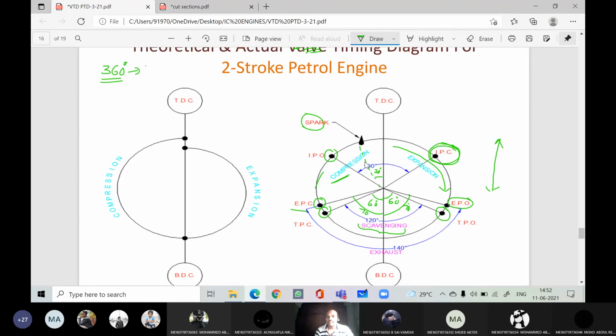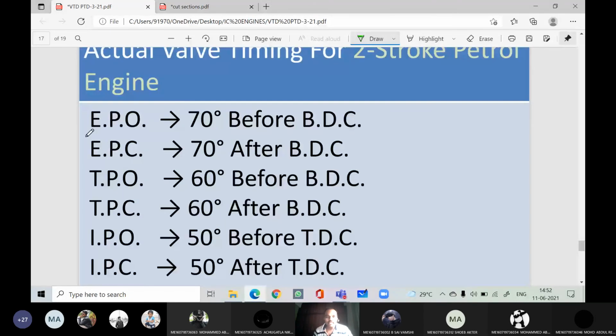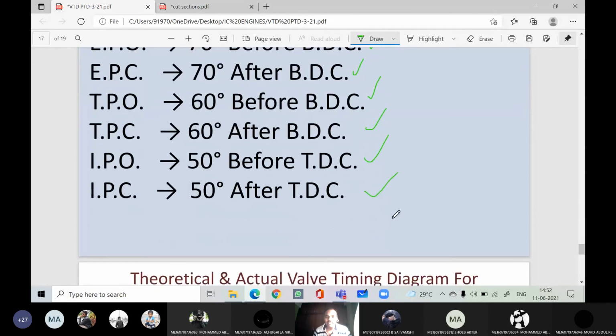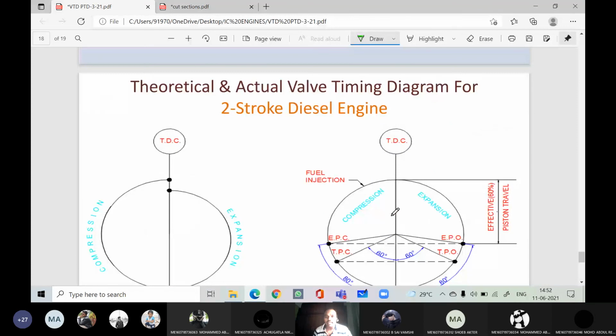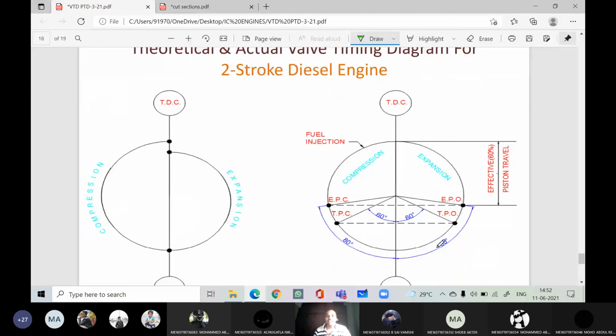Clear? Right. So that's what: the exhaust port is opened 70 degrees before and closes 70 degrees after. Transfer port 60 before, 60 after. Within this exhaust port, the transfer port is opening and closing. The inlet port opens 50 degrees before TDC, closes after TDC. Okay? That is for the petrol engine, and in the same way for the diesel engine also.